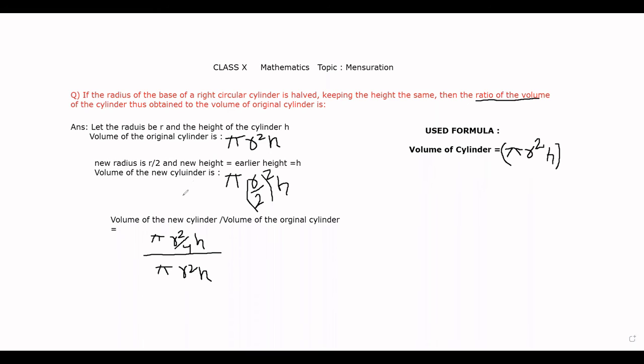So we will cancel out the things which we can. Pi is cancelled with pi, h is cancelled with h, and r square is cancelled with r square. So what is the obtained ratio? Yes, it's very simple, it's 1 by 4.